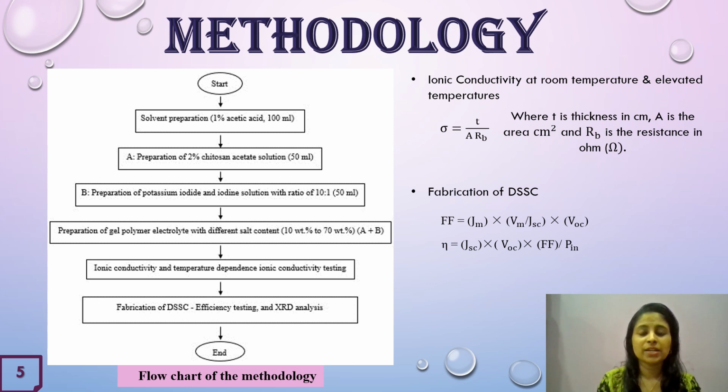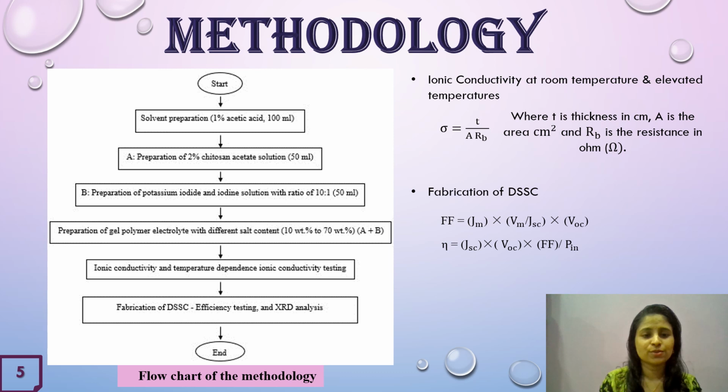Then, separately and simultaneously, I prepared the salt and redox solution where potassium iodide and iodine were dissolved in acetic acid solution with the ratio of 10:1. After that, I mixed both prepared solutions together to form a gel polymer electrolyte.